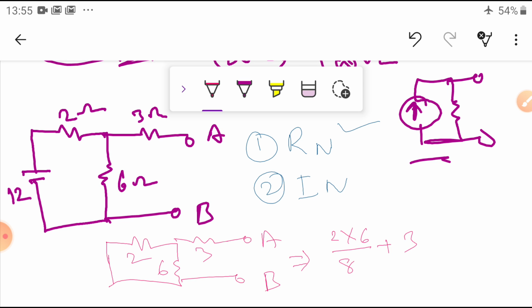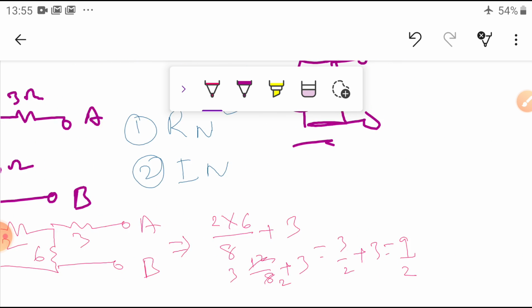So that is 2 sixes are 12. That is equal to 12 by 8 plus 3. 4 twos are 8, 4 threes are 12. That is equal to 3 by 2 plus 3. So that resistance is 3 plus 6, that is 9 by 2.